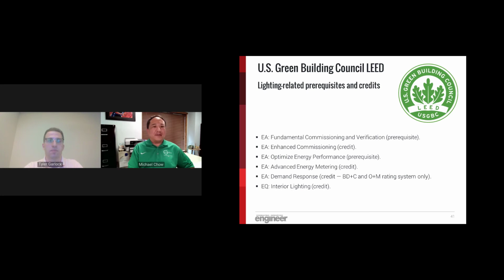But as far as LEED is concerned, for fundamental commissioning, it can be done by the same person that designed it. Once you get into the enhanced commissioning, LEED requires that a third party do the commissioning, and there's additional credits that are available from that, and that includes training of the building operations and maintenance staff and reviewing the submittals.